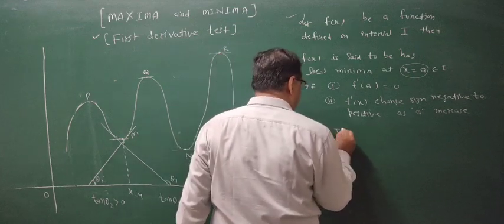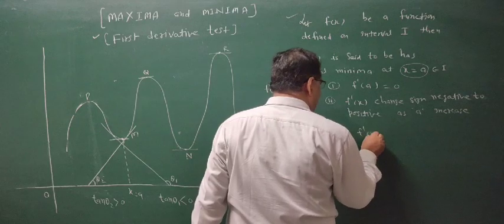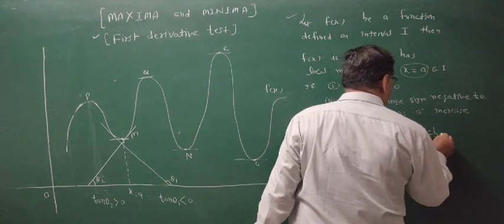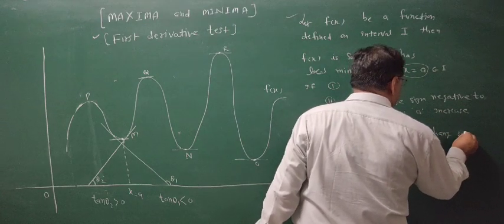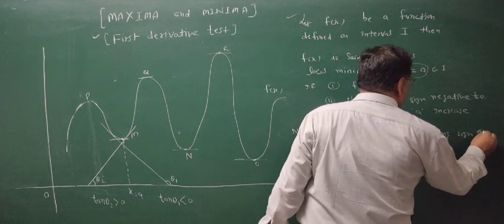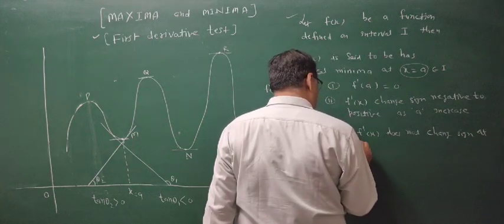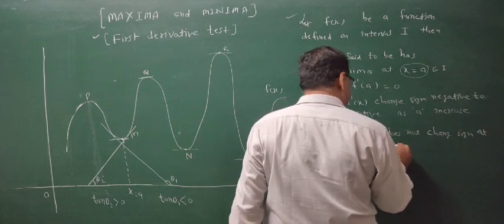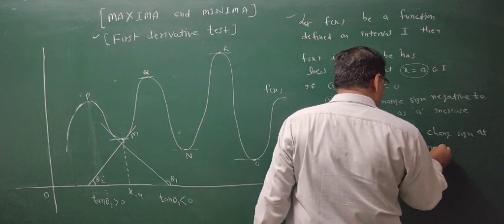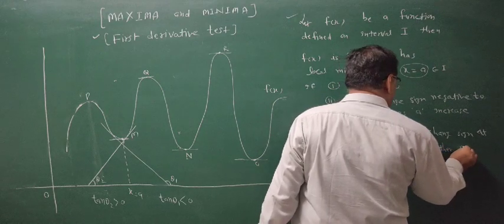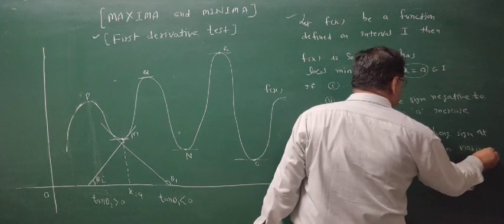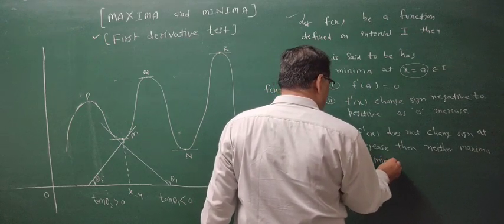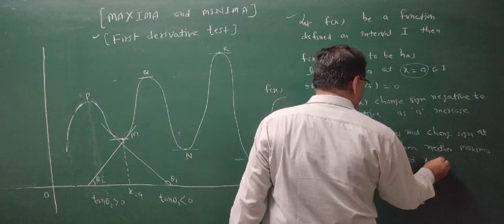And next, if f dash x does not change sign at a as x increases, then neither maxima nor minima at x equal to a.